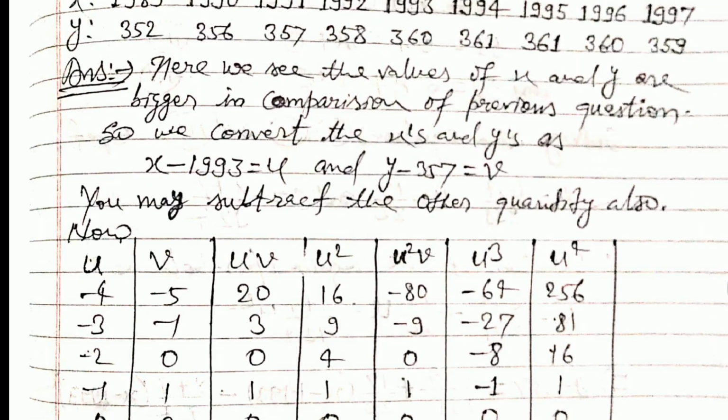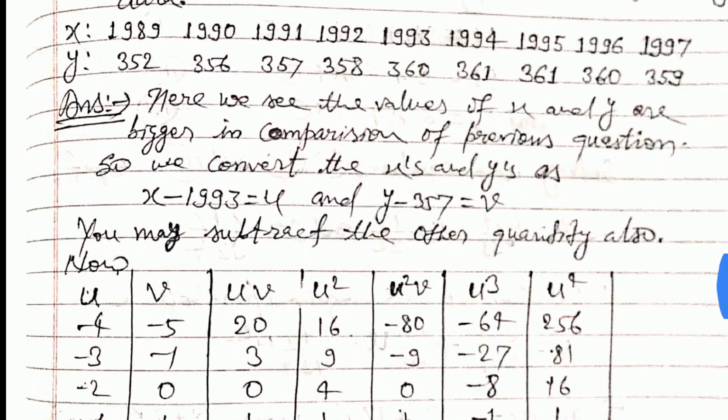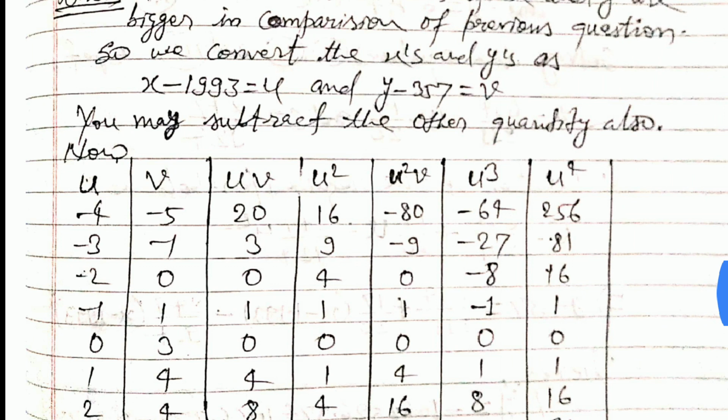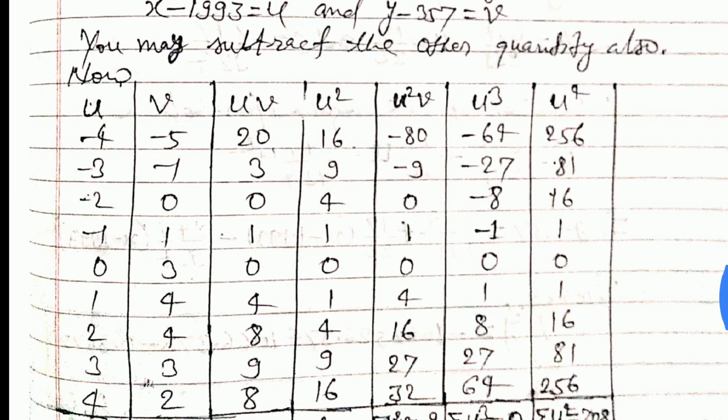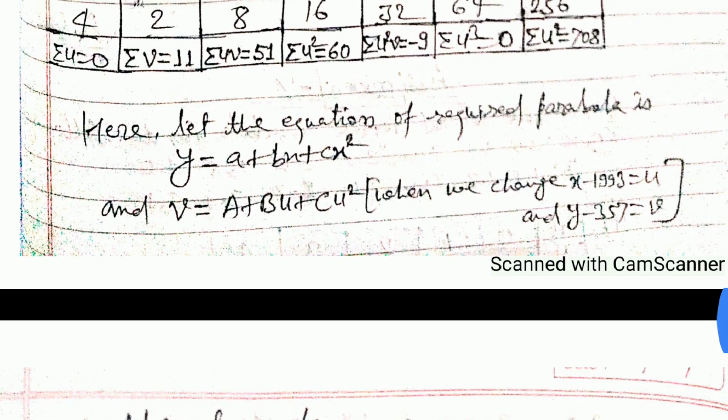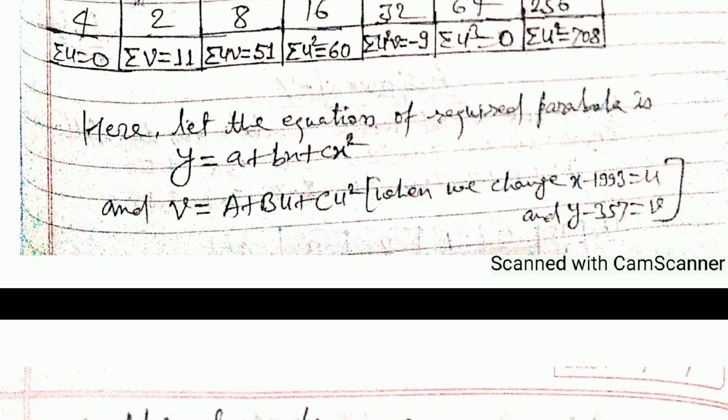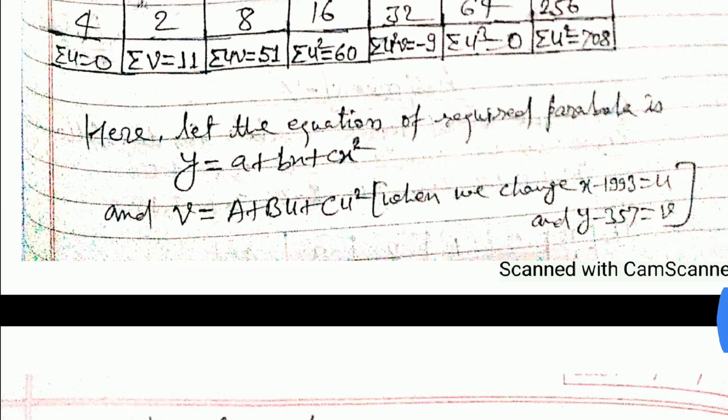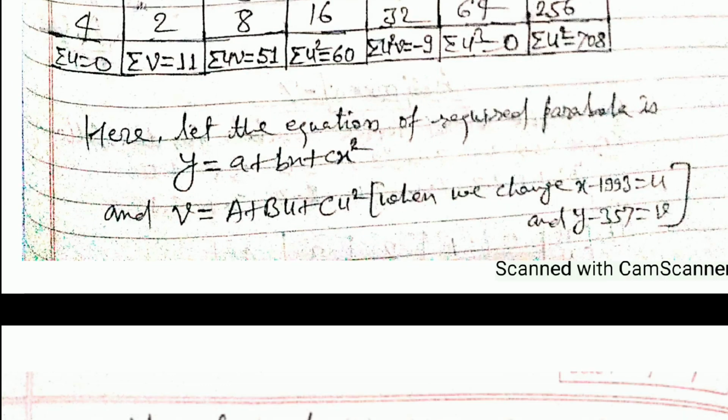Then we find the values according to this table. Why do we use so many columns? Because, to find the parabola, we have to assume the equation of the required parabola is y is equal to a plus bx plus cx squared.